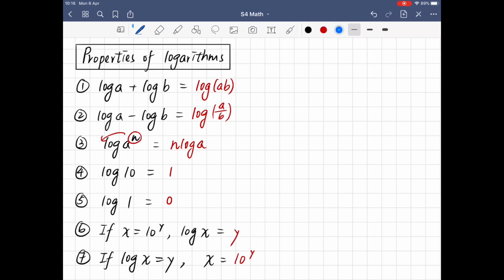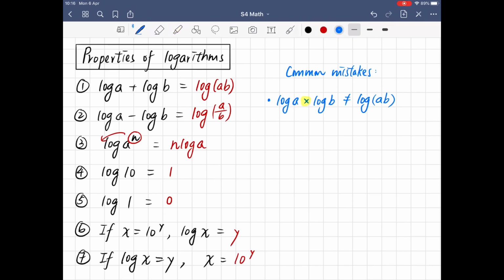Okay, then next, I will talk about some common mistakes that students may make in this section. The first one: log A times log B doesn't equal log AB. As you can see, it is a multiplication sign between log A and log B instead of an addition sign.